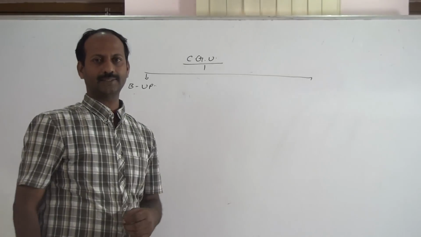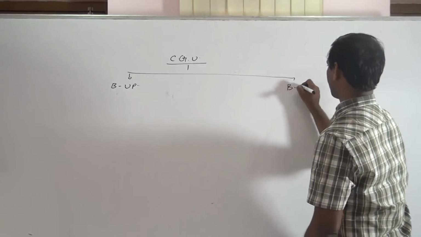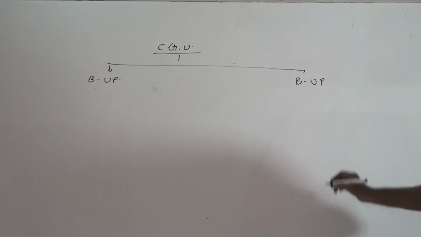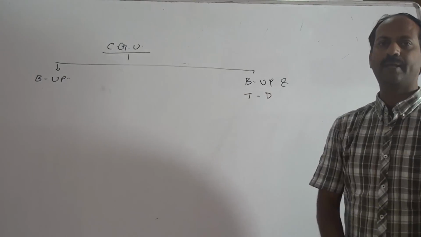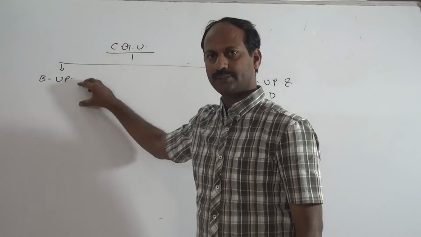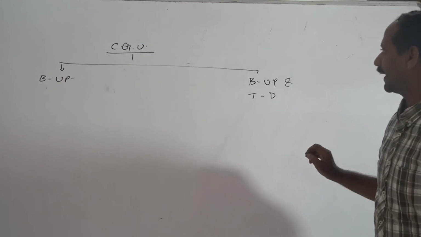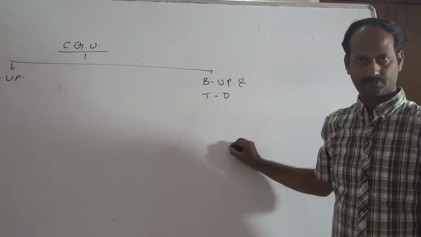In some cases, we have to apply not only the bottom-up test, but also the top-down test. When to apply the bottom-up test, and when to apply the bottom-up and top-down approach?